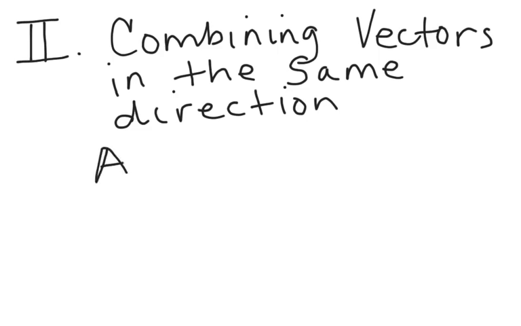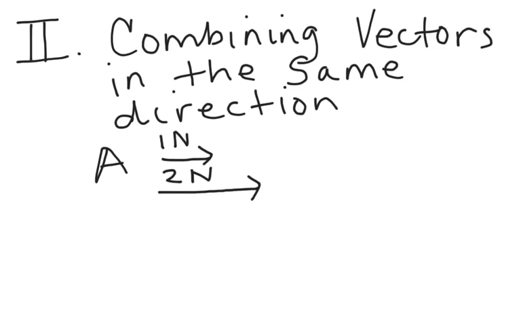Let's say I have a 1 Newton force to the right or east. And let's say I also have a 2 Newton force. That would be twice as long in length for my arrow, still pointing to the right or east.